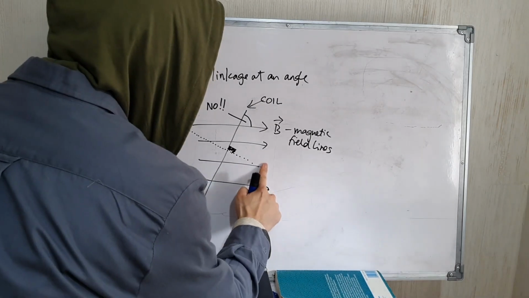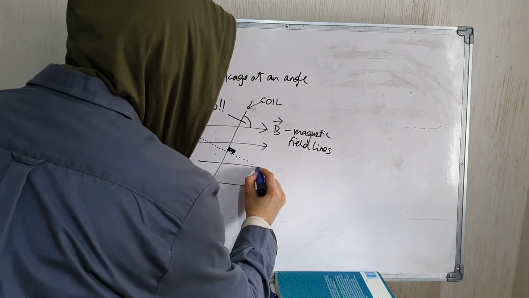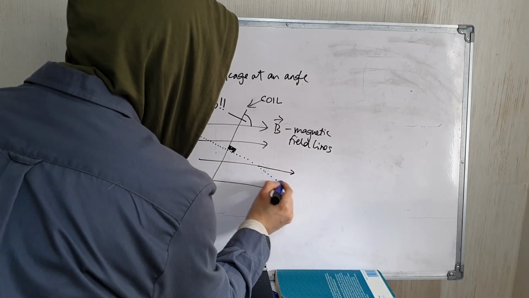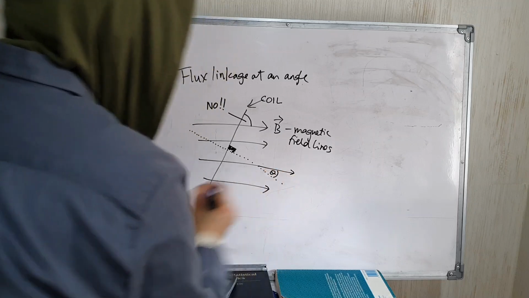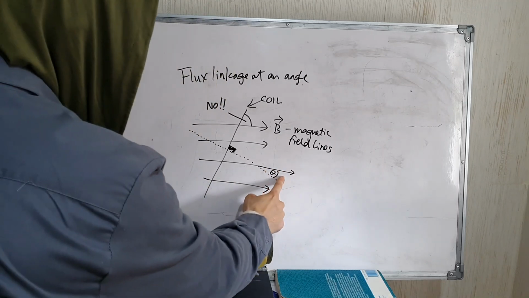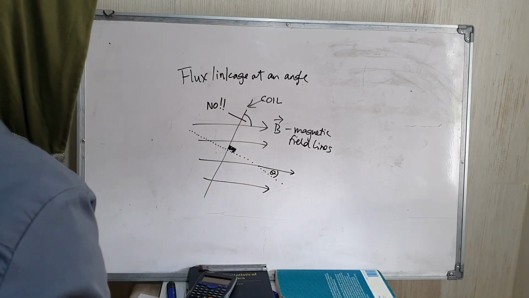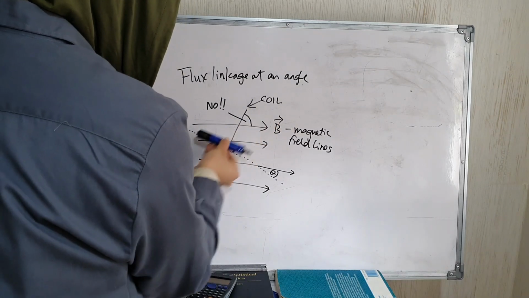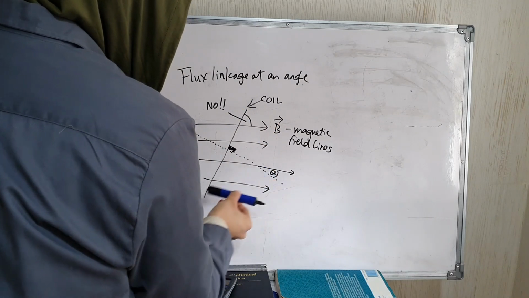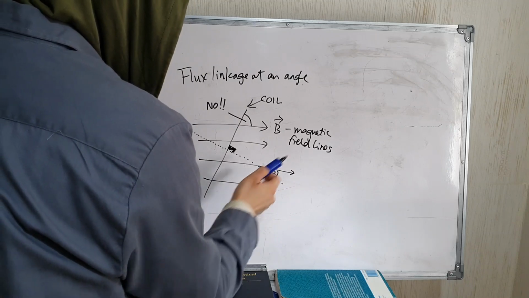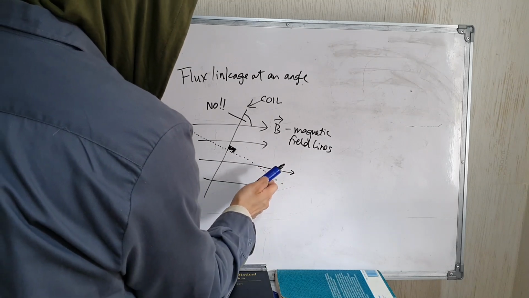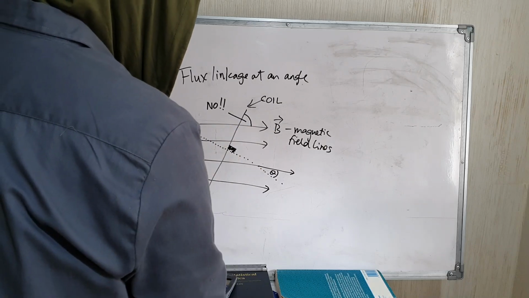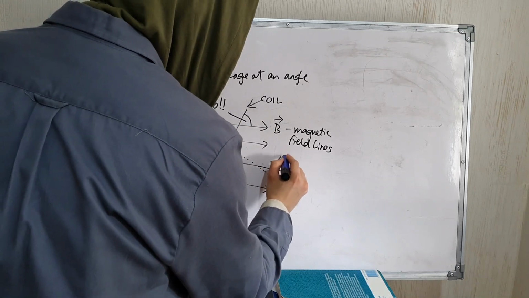So if we were to extend this, you want this angle there, not that angle there. This is the coil. You've drawn the normal to the coil, and you want the angle between the magnetic field lines and the normal to the coil, not the coil and the magnetic field lines. So it's this one that you want.